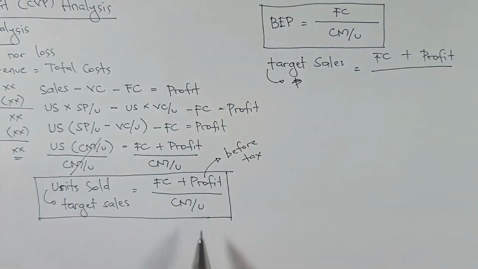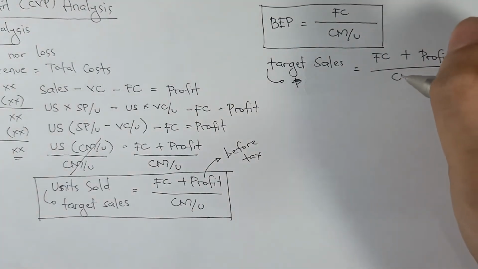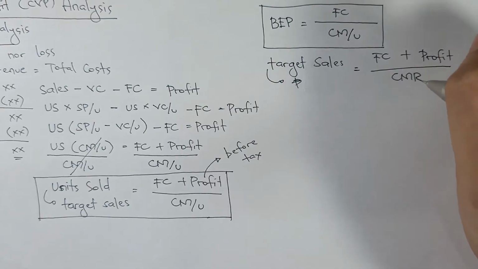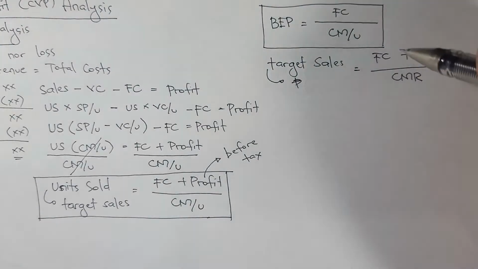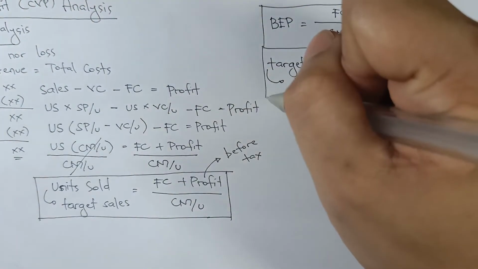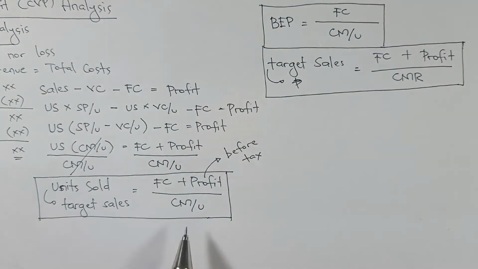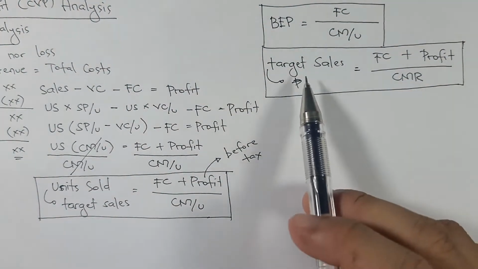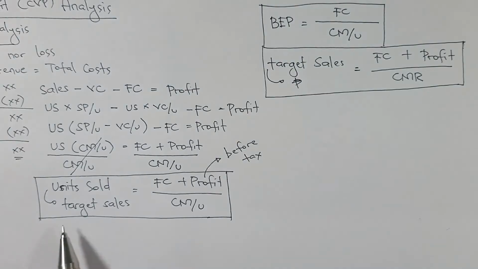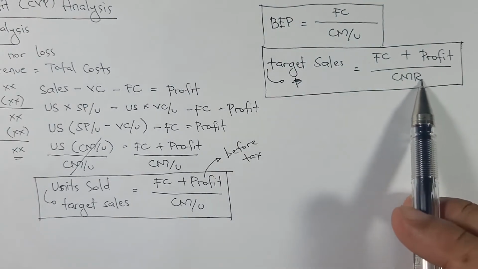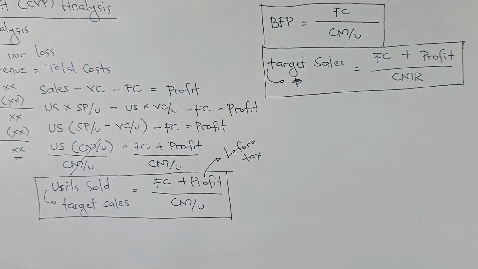But this time, rather than per unit, ang ating i-divide dyan will be the contribution margin ratio. So, same computation lang tayo dito. It's just that if peso amount ang gusto mo rather than units, the denominator will be the contribution margin ratio rather than the contribution margin per unit.